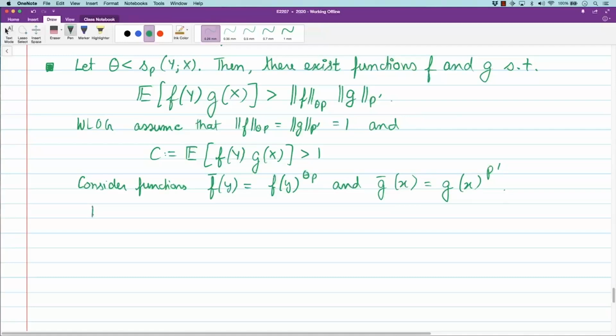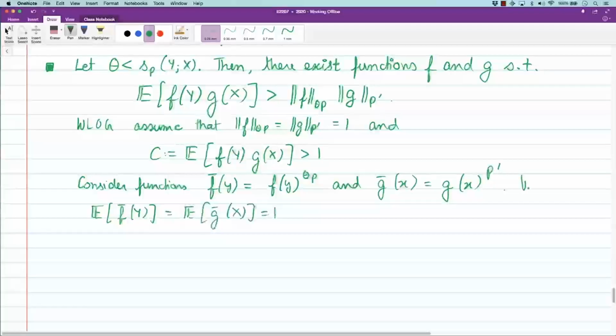And what we know is that the expected value over Y of f bar(Y) equals the expected value over X of g bar(X) equals 1. This is by the assumption that the norms are 1.